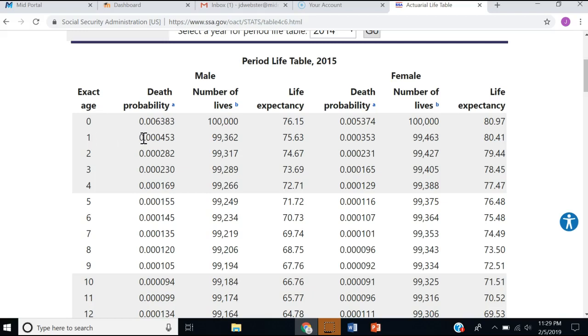That's actually 0.000453. So this probability, although it's very low, it's actually a lot more than there. Again, a lot of times infants can be born with some really bad complications and things like that. The same thing is true for females. We can look at the probability of dying between age 0 and age 1, and so on and so forth.